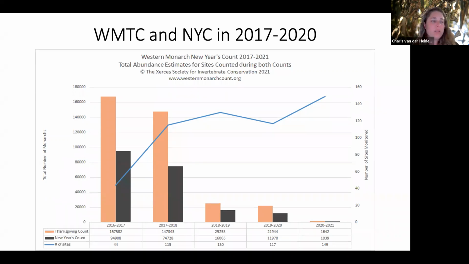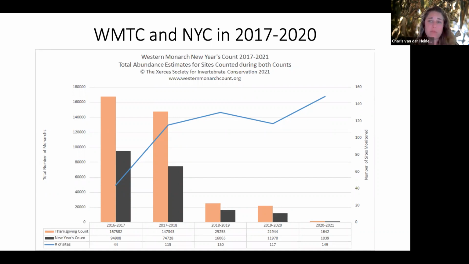So we know that the decline started in the spring of 2018 from data that the Xerces Society had collected. In 2017, they had started the Western Monarch Breeding Phenology Program and monitored breeding sites throughout California.